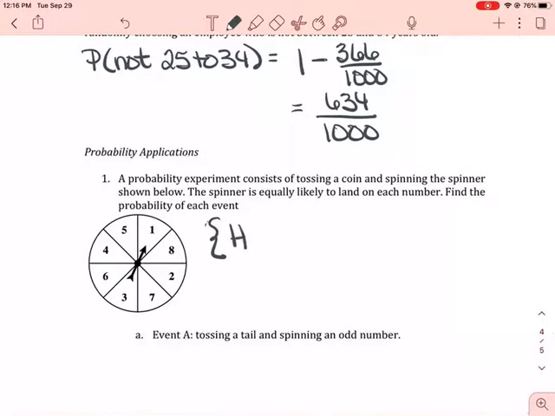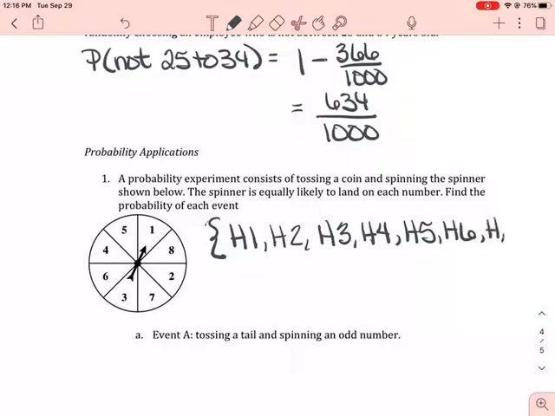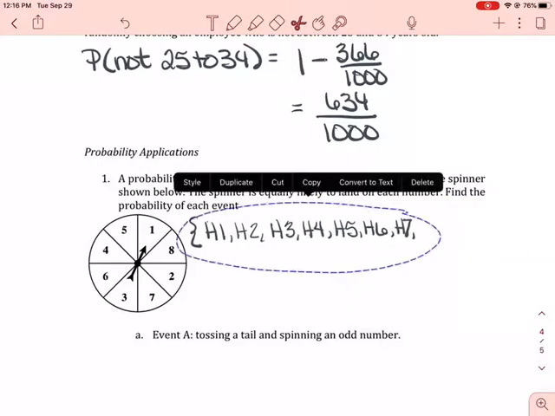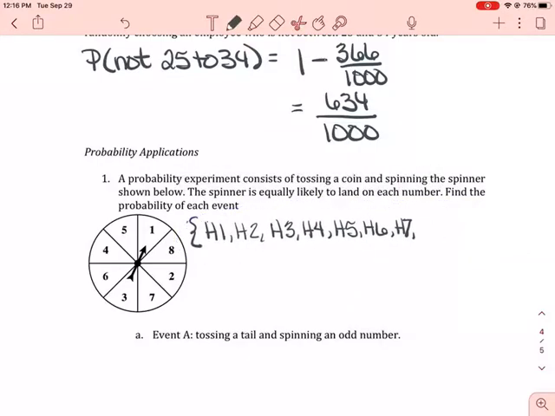Okay, so we're going to toss a coin, so that means you can get a head and 1, head 2, head 3. Okay, I always write too big.